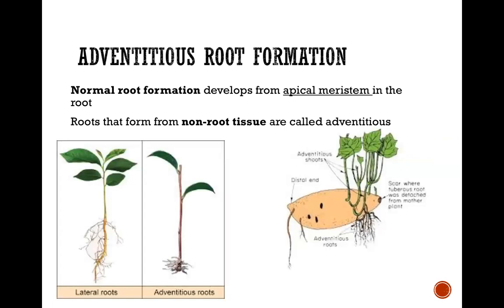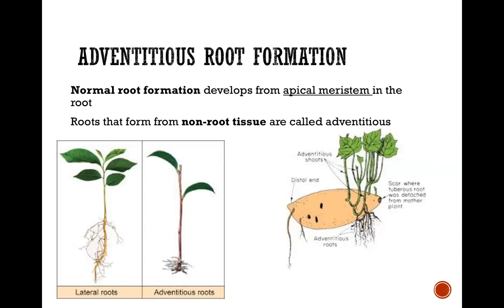So what I mean about root formation is that normally roots form from the apical meristem of the root. That's the center of the root, that little epicenter that says, okay, you all need to become roots. And this is how roots are normally formed.